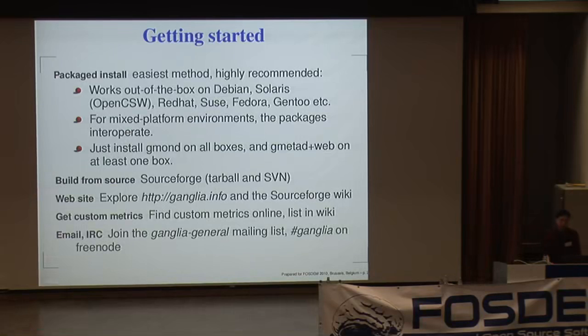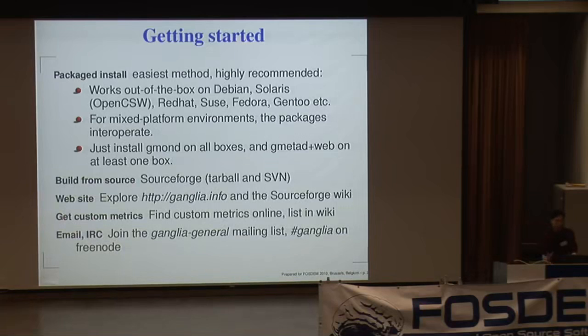So yeah, as I mentioned before, even though you have different distributions, you just install the packages, they should just work. The only issue is sometimes with the 3.1 version, you can't really mix it with 3.0, but that's just some subtle issues. So yeah, again, just install Gmond on all the computers you want to monitor for metrics, and dedicate one server for Gmetad and a web server, and basically you're done.